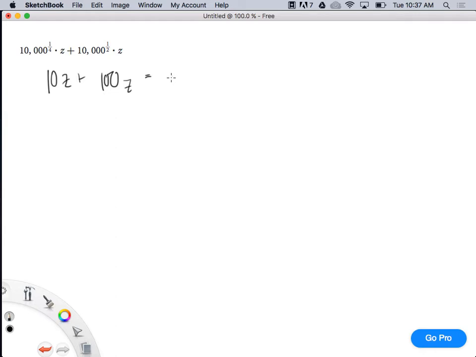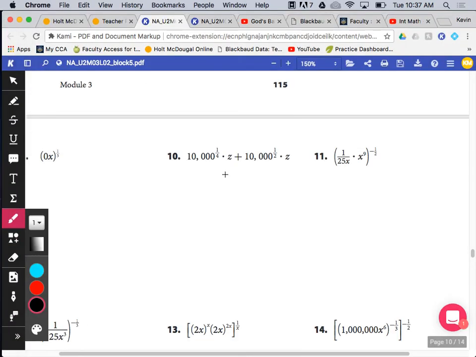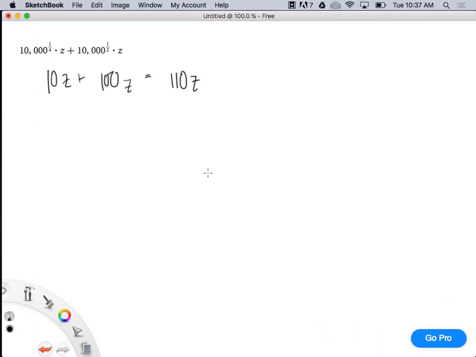What's 10z plus 100z? 110z. 10z. That sounds like a fun name. It's like a country. Okay. 10z plus 100z equals 110z. That's the final answer. You see?